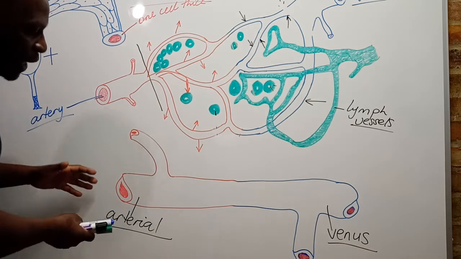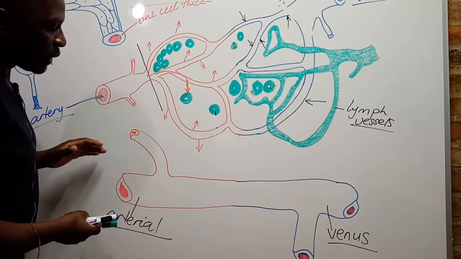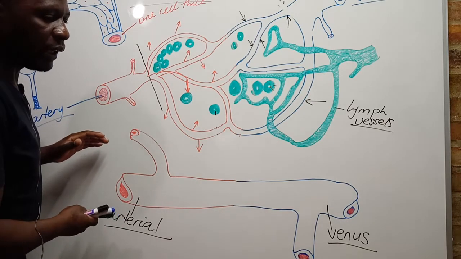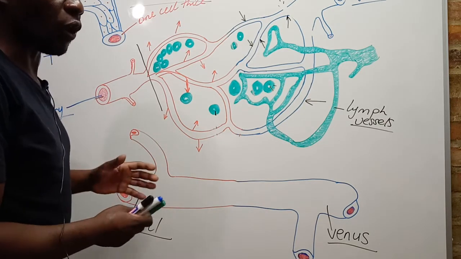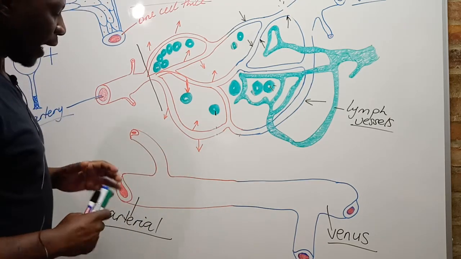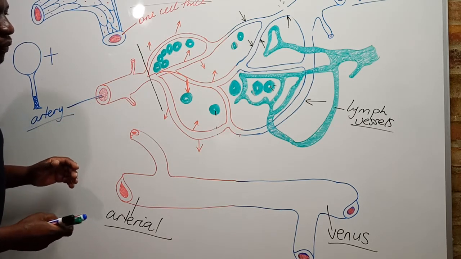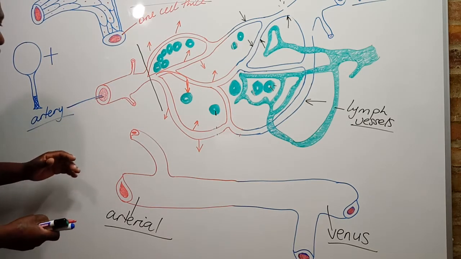So this side, blood comes in high pressure, and blood is containing dissolved particles of oxygen, glucose, and other necessary substances for our body cells.